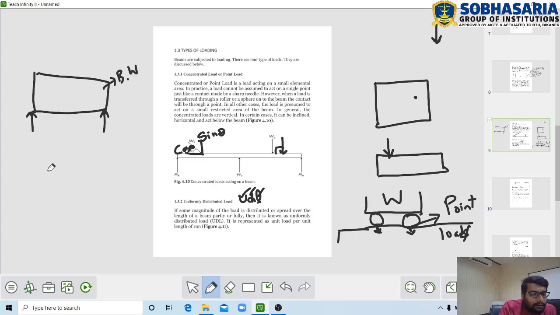When you see the contact area on top of the beam where the wall is built, you will see the weight of the wall is uniformly distributed over an area.